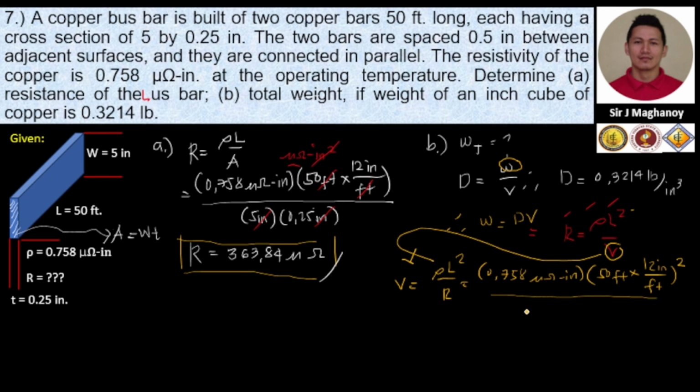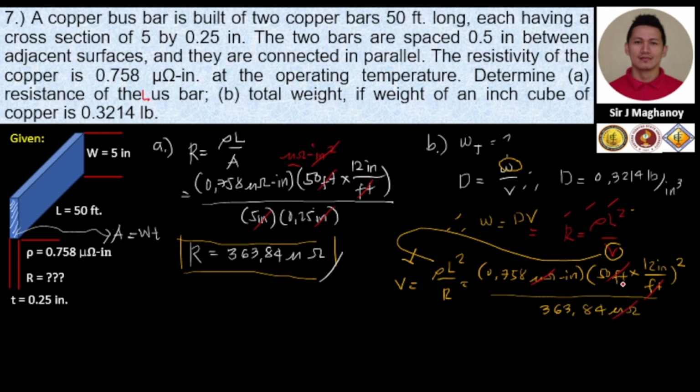We already solved it. So the resistance is 363.84 micro-ohm. Okay, so we do the cancellation of units. So in feet, yes, cancelled out. The remaining unit here is in square inch. Here, micro-ohms, cancelled out.